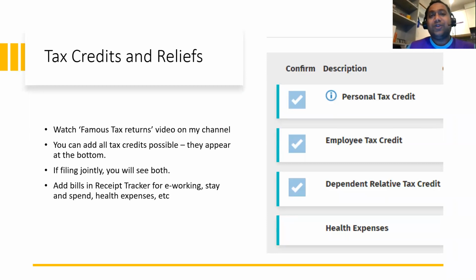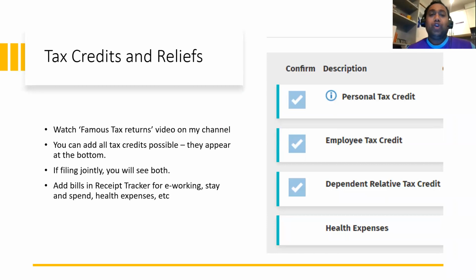The fourth step is tax credits and reliefs. You saw how much tax you paid on your second step, which is pay income, and you saw how much income you got from the government scheme or other incomes like foreign income, dividend income, which you need to input in the third step.